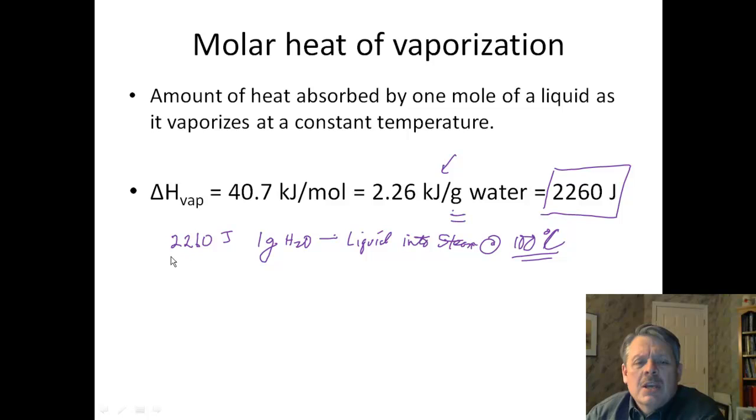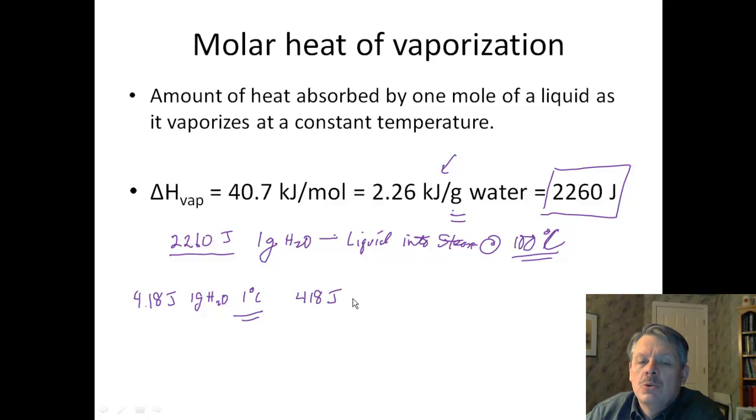That seems like a huge number, doesn't it? Well, let's take it one step further. We know that it takes 4.18 joules to raise 1 gram of water 1 degree Celsius. What happens if I want to go 100 degrees Celsius? That would take 418 joules to raise 1 gram of water 100 degrees Celsius, all the way from 0 up to 100.